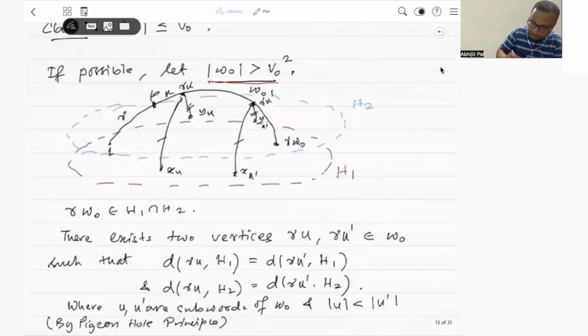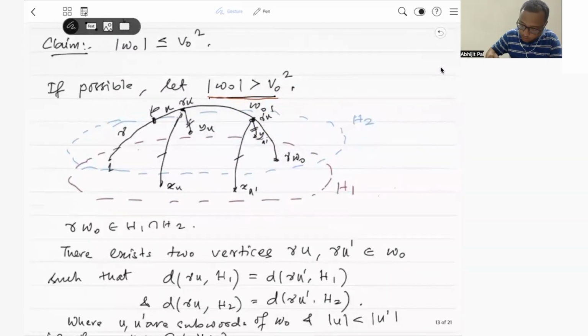So we have the following picture. This word is labeled by W naught. So gamma W naught belongs to H1 intersection H2. W naught is the word of minimal length which belongs to omega.